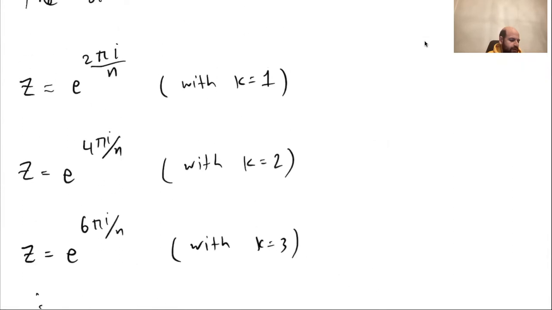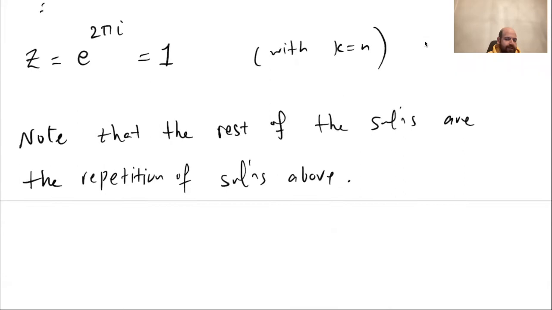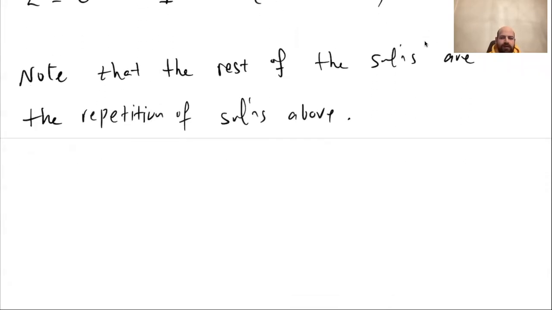So here are the solutions where k equals 1 all the way to n. Now, let's say if k is equal to n plus 1, what do we get? Because if k is equal to n plus 1, then z will be equal to e to the power 2 pi i times n plus 1 over n.